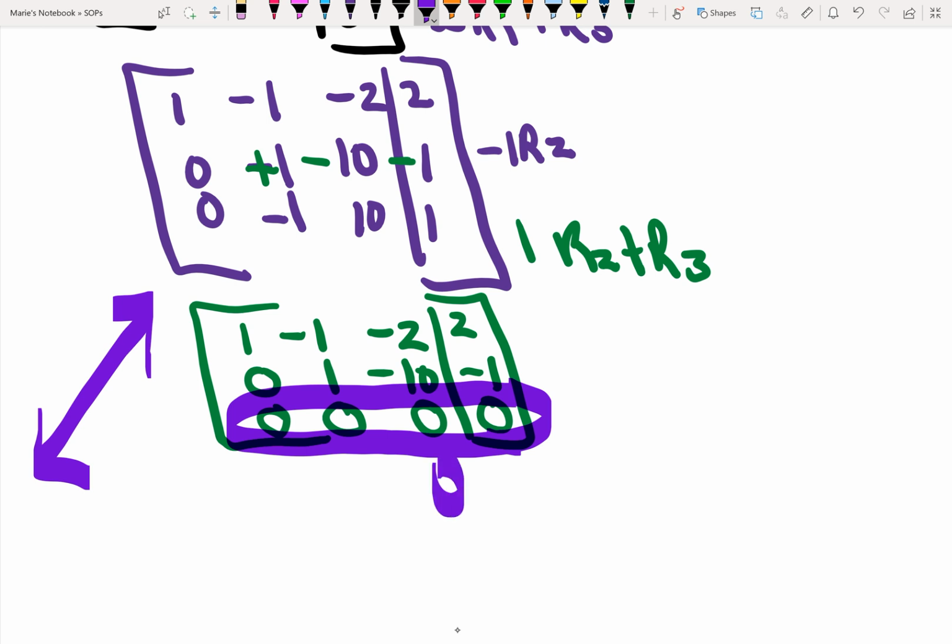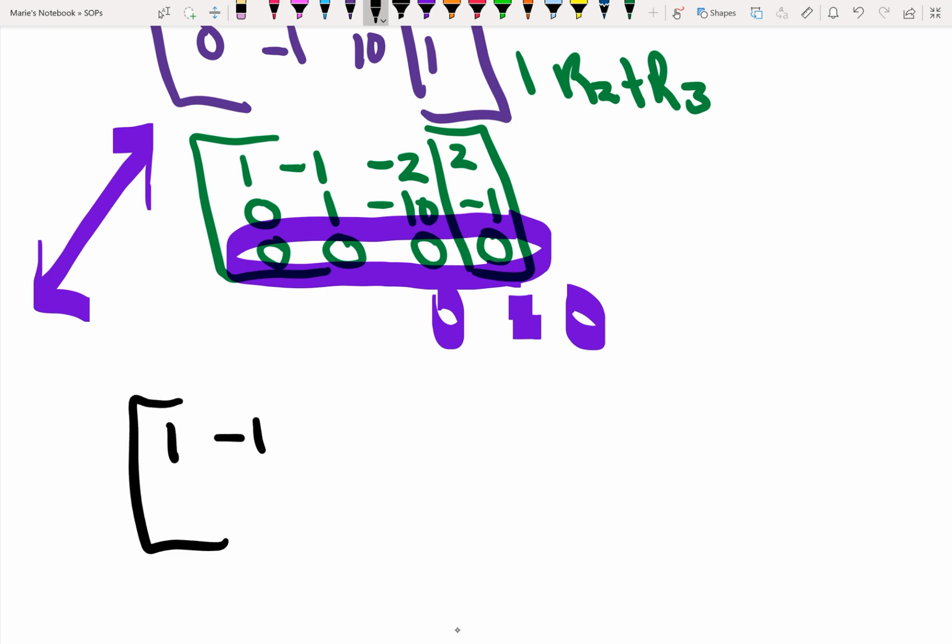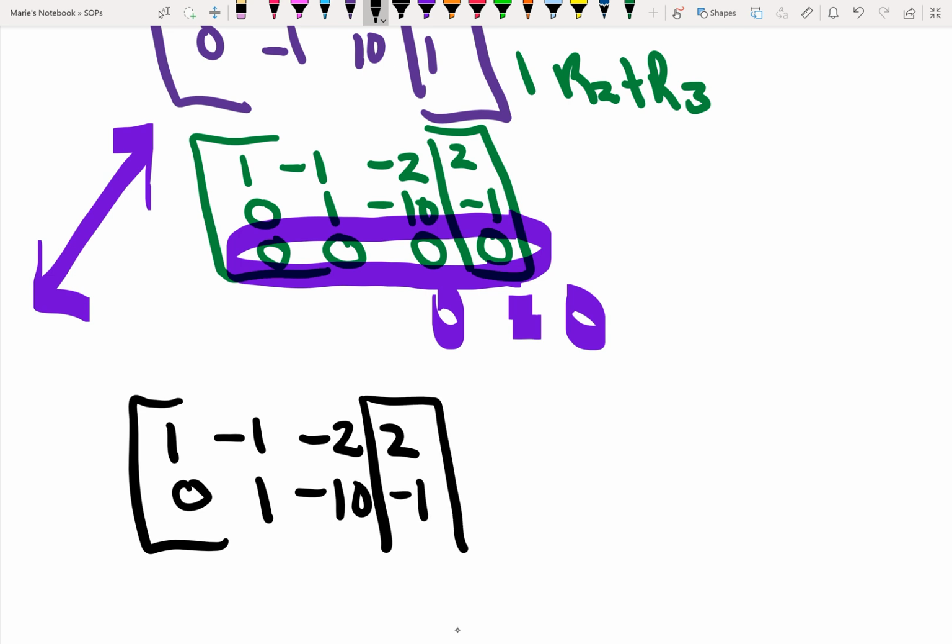So 0 equal to 0 is not an incorrect answer. It's not a null set like in the previous example. We are left with a matrix, which is 1, negative 2, 2. And then we have 0, 1, negative 10, negative 1.